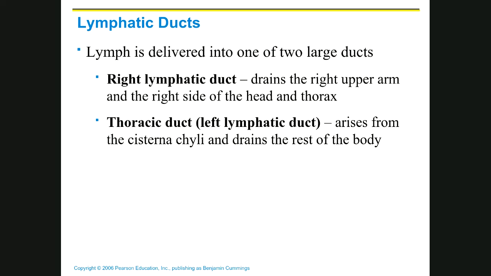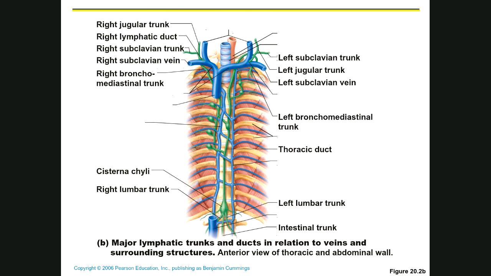Trunks form ducts, and there are 2 of these ducts. So one of them is called the right lymphatic duct. And the right lymphatic duct, when you look at it, it's this one right here. This is the right lymphatic duct, right there. It's also not very big.